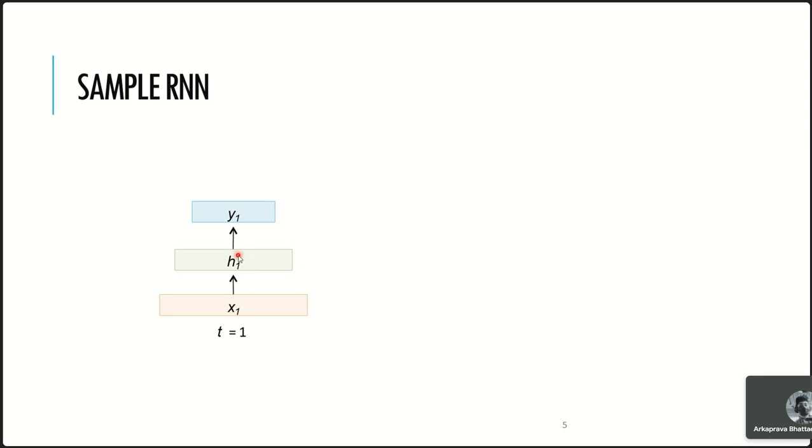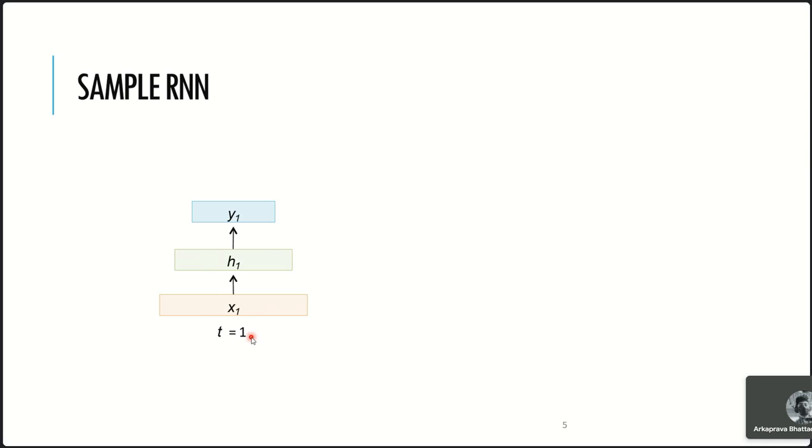From H1 we apply some activation function and generate some output and get Y1. So X1 is the input, H1 is the hidden layer input, and Y1 is the output from the output unit. All this is at T equal to 1. So this is your basic RNN cell structure.